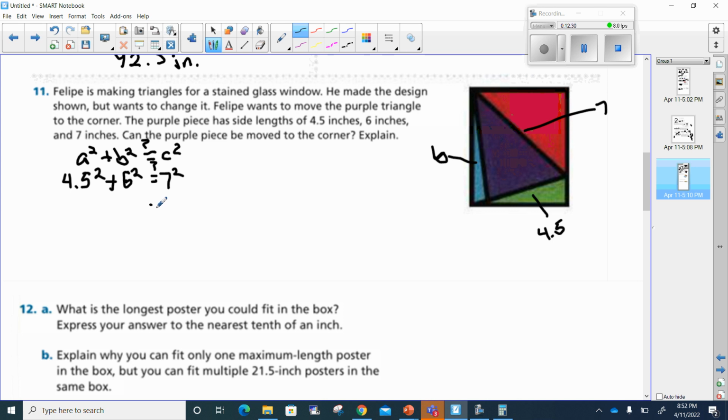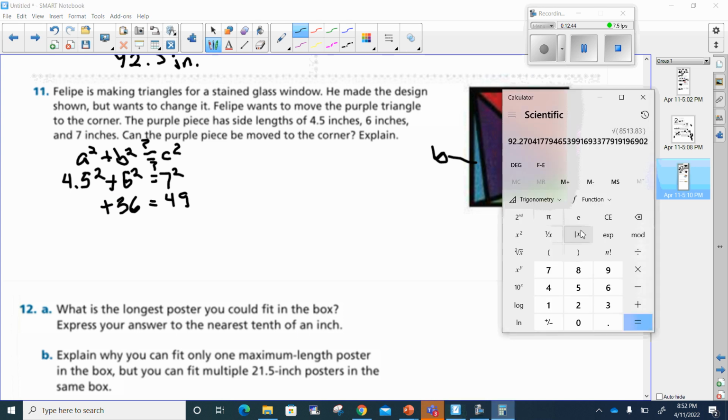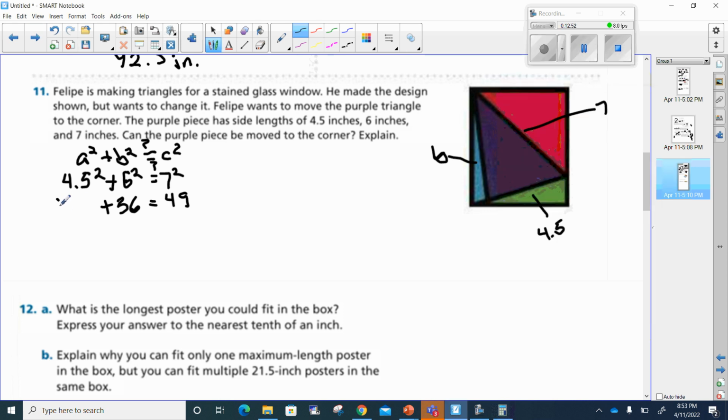Two of these are pretty easy. I know that 7 squared is 49. I also know that 6 squared is 36. And the one I have to really find out is what is 4.5 squared. So I'll look that up. 4.5 squared gives me 20.25.